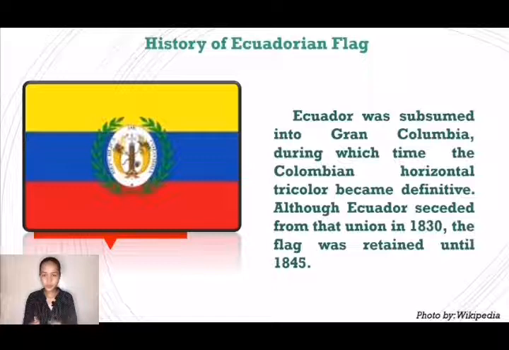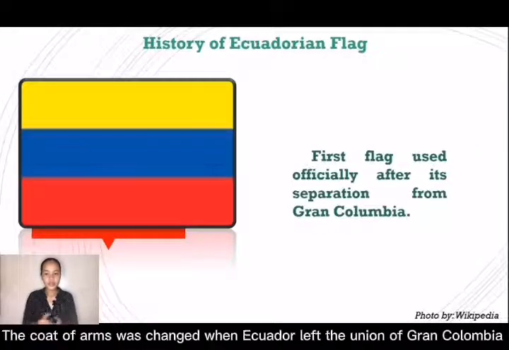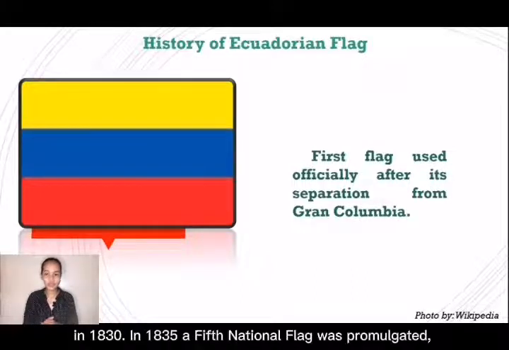Ecuador was subsumed into Gran Colombia, during which time the Colombian horizontal tricolor became definitive. Although Ecuador seceded from that union in 1830, the flag was retained until 1845. The coat of arms was changed when Ecuador left the Union of Gran Colombia in 1830.